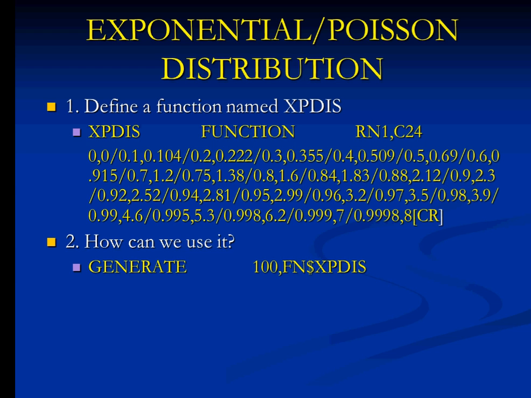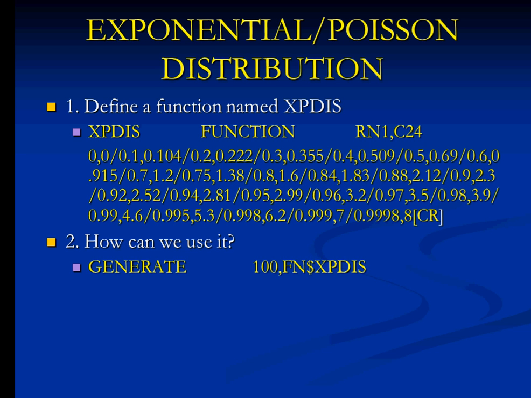And the way to define an exponential is like it is shown in the slide. First, the name, that in this case is XPDIS. We define that it's a function. RN1, this means that for each calculation, we're going to have one variable, and it's a continuous distribution defined by 24 data pairs.